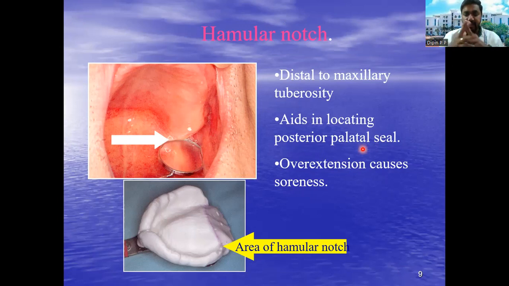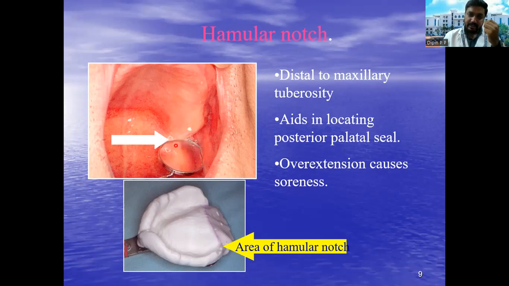The T burnisher has two ends, one rounded and one blunt end. The round end should be kept facing the palate, and the hamular notch can be located by using the T burnisher. In this picture, you can see that the border of the mouth mirror is exactly fitting into the shallow depression area which is posterior to the tuberosity.